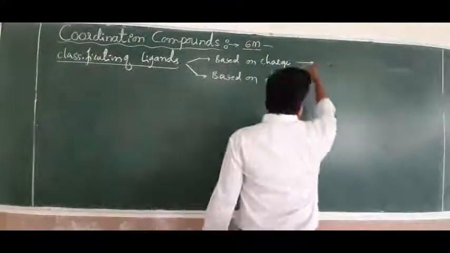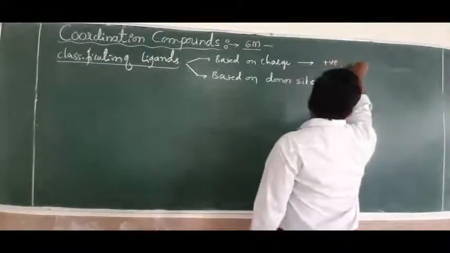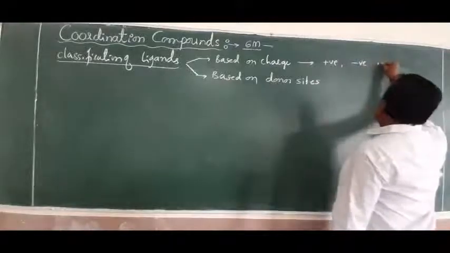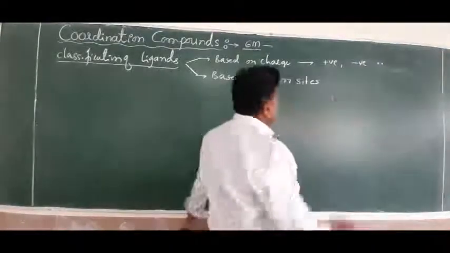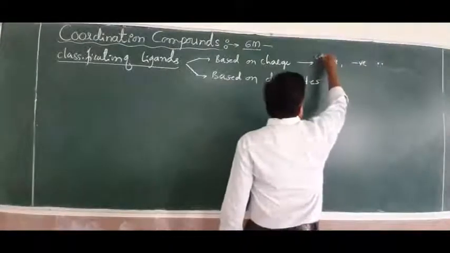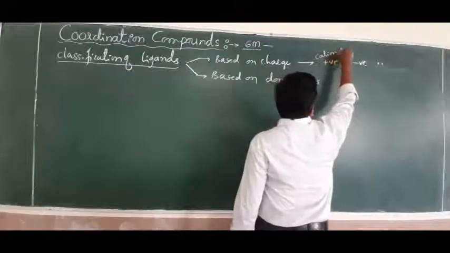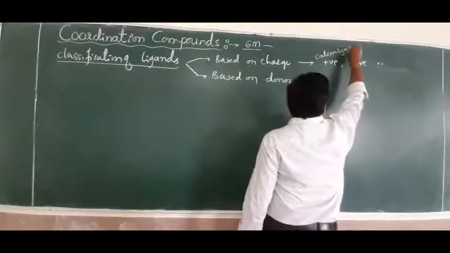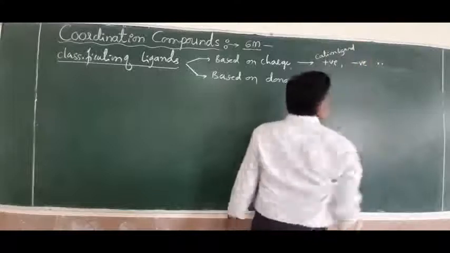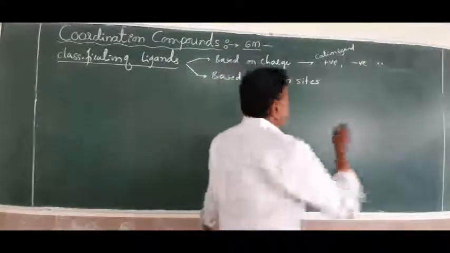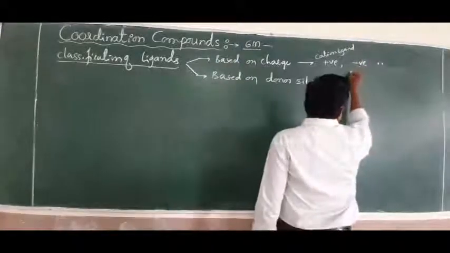Based on charge, I think all of you know, it is positive, negative, or neutral. A positive one we call a cationic ligand or positive ligand. A negative one we call a negative ligand.